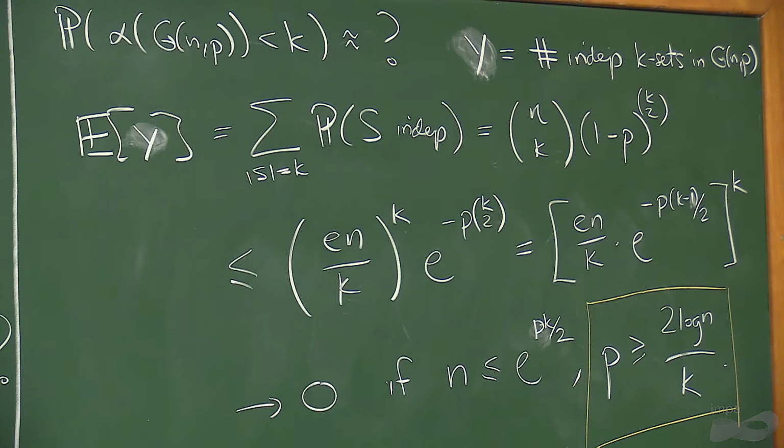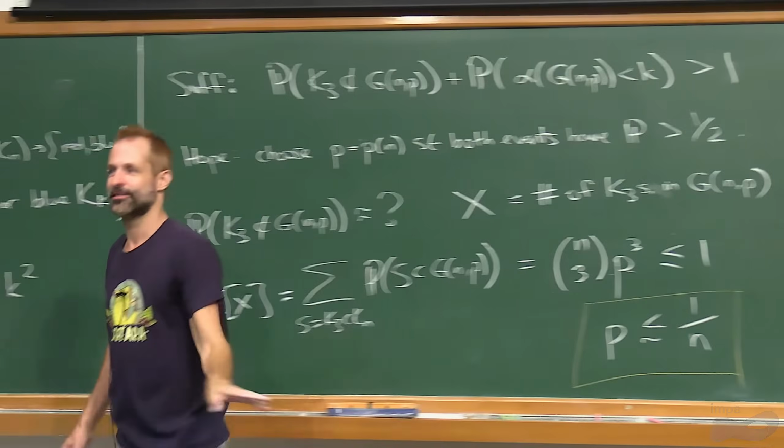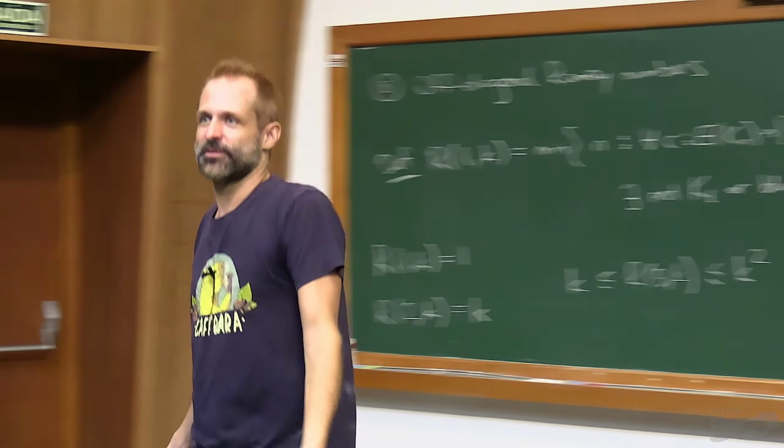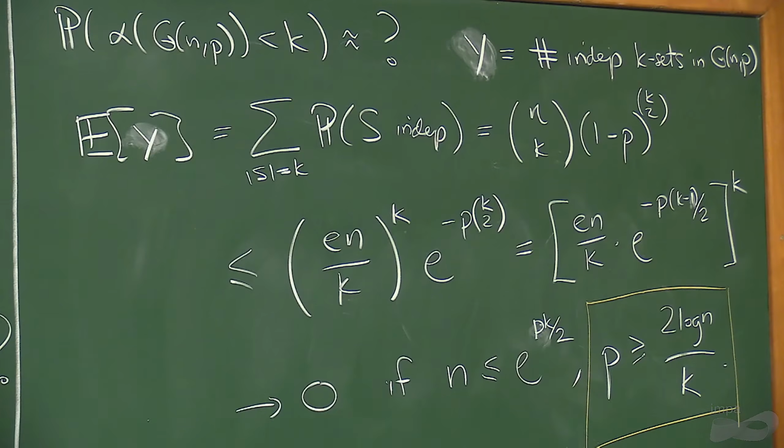So we wanted to choose this clever p so that you have no triangles and no large independent set. And we failed. This was a terrible idea. We just wasted our time. Or did we? So, how do we fix this problem?